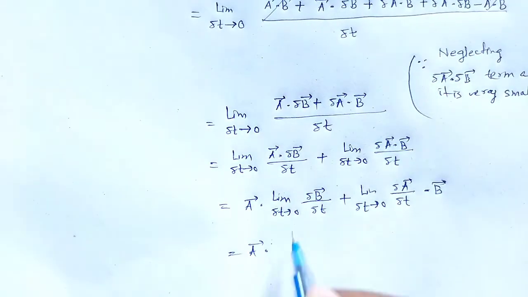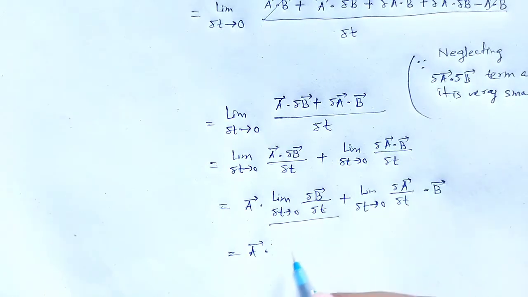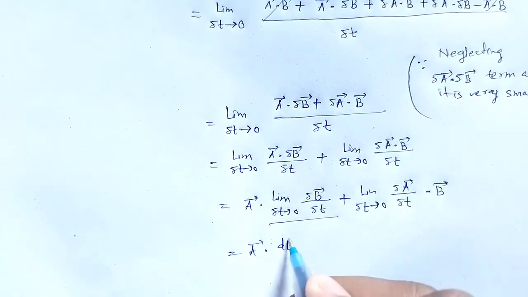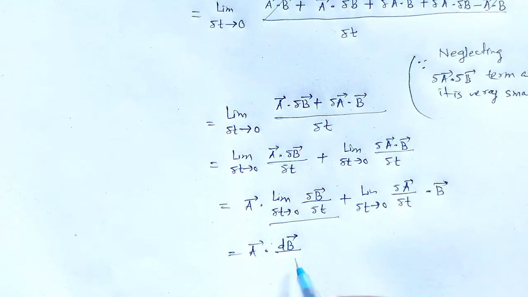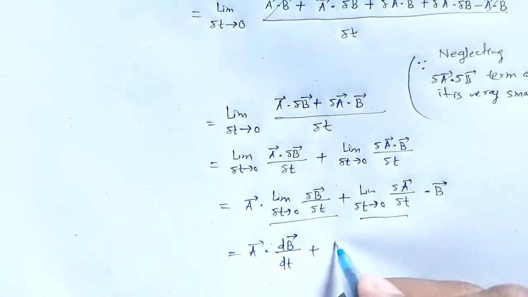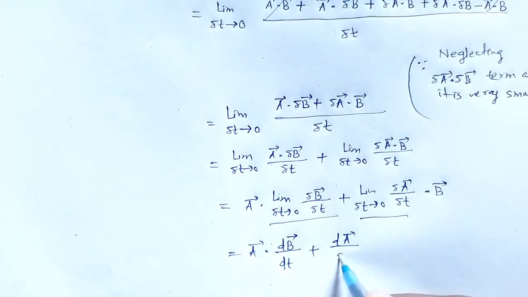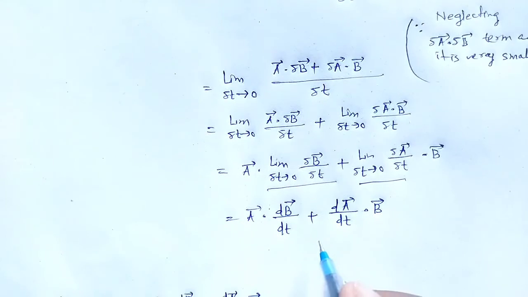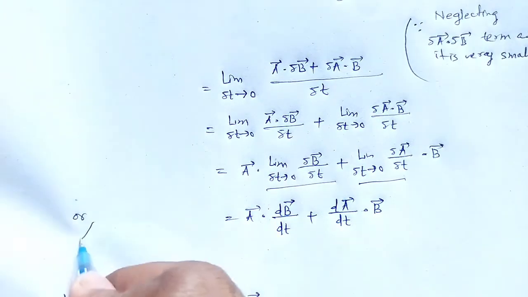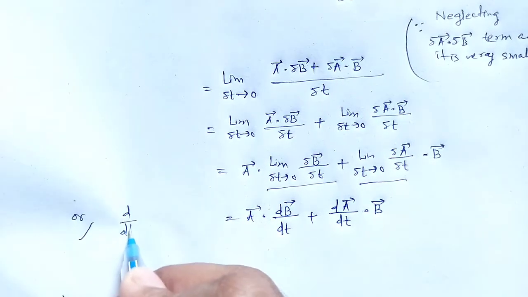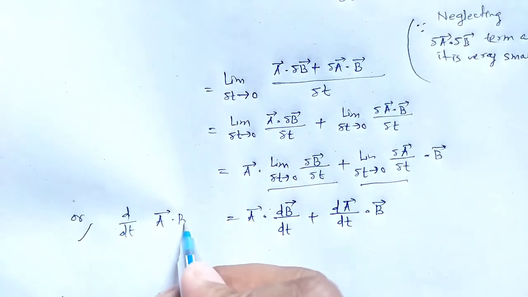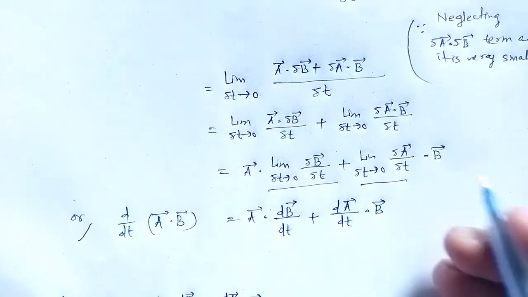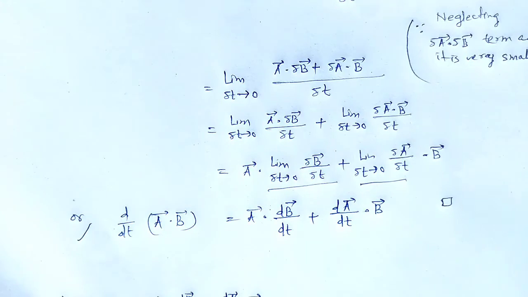That is, a vector dot dB by dt plus dA by dt dot b vector. Therefore we get d by dt of a dot b. Proved.